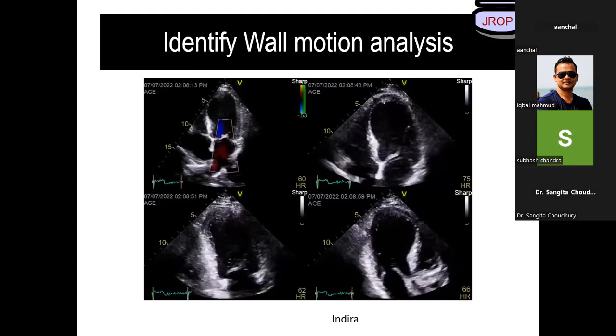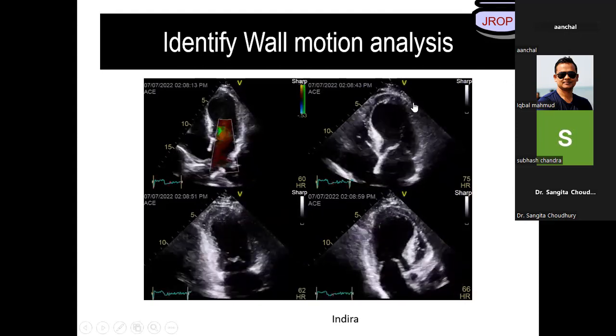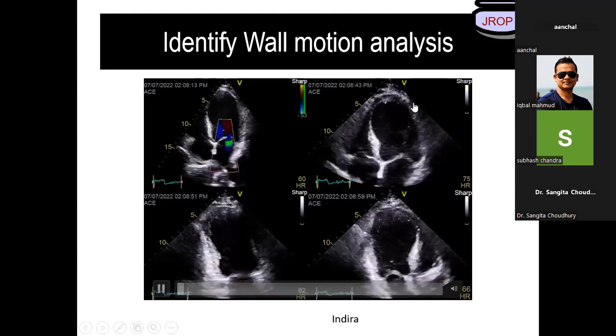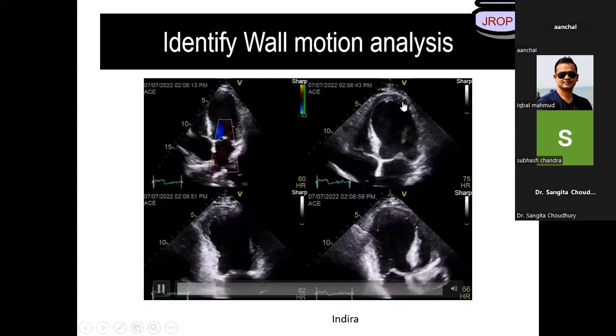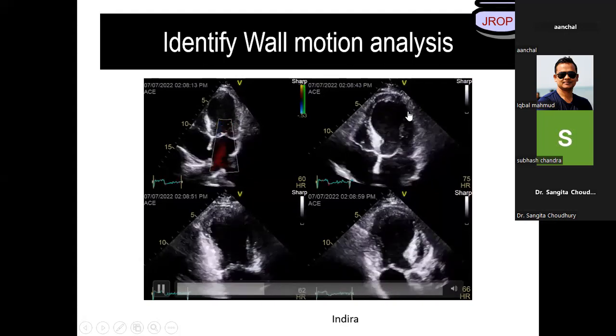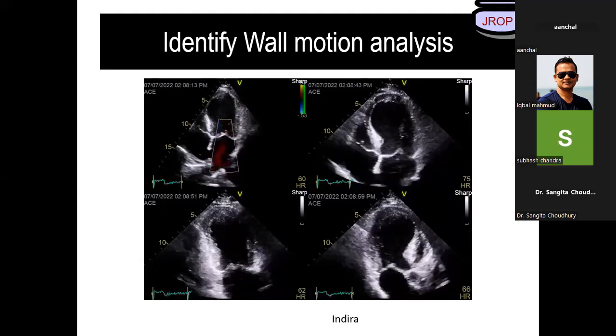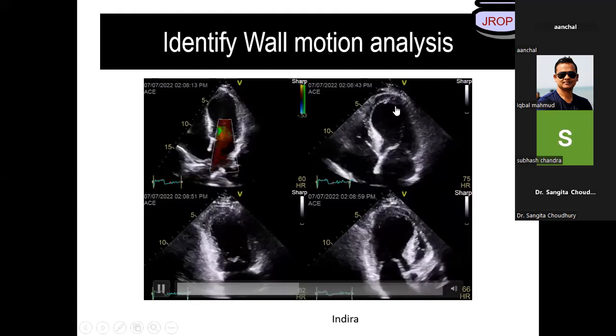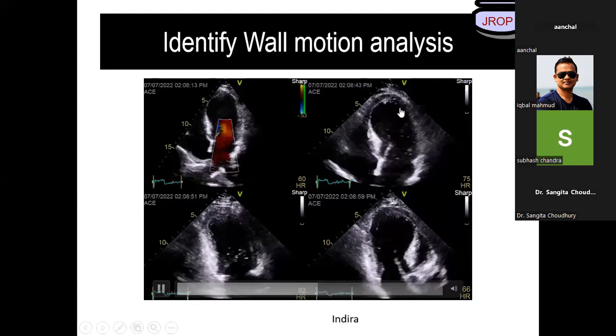Dr. Prasenjit, go ahead. It looks aneurysmal, sir. Look in this segment: persistent dilatation during diastole. Correct. So there is suspicion of that. That looks to be aneurysmal.